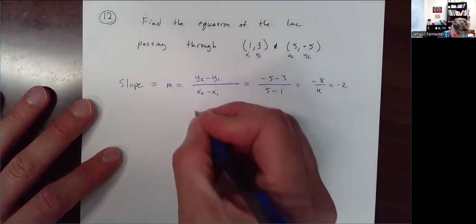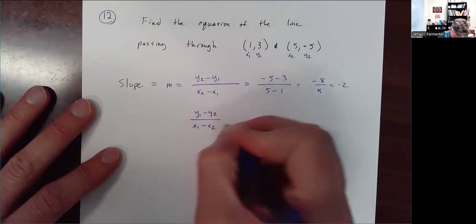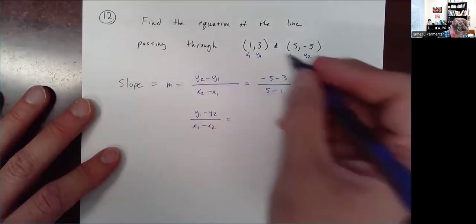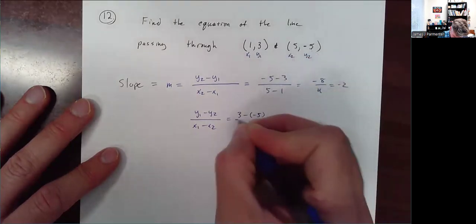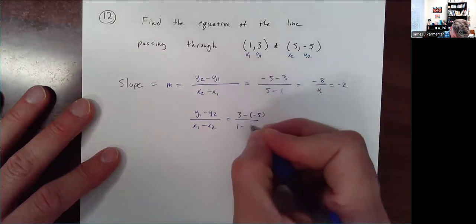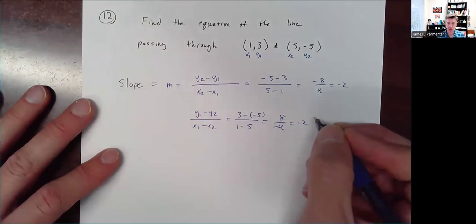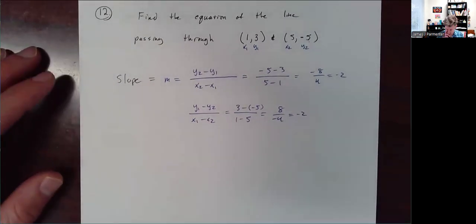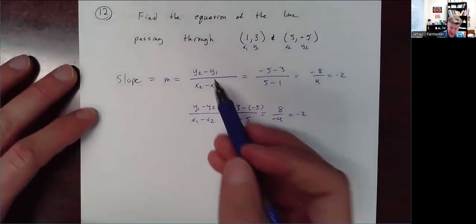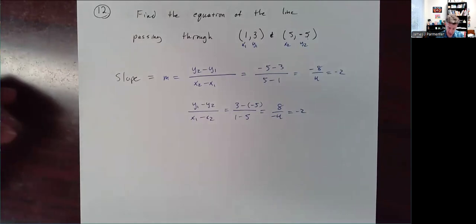You could also do it as y1 minus y2 divided by x1 minus x2, which is 3 minus -5 divided by 1 minus 5, which is +8 divided by -4, which is still -2. Either way you calculate the slope, you're going to get the right thing. It doesn't matter which order you subtract them, because it's rise, the change in y, over run, the change in x.